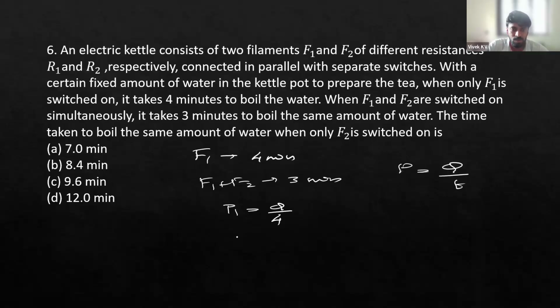In the second case, imagine that the power generated when only F2 is turned on is P2. So from the second case, P1 plus P2 will be equal to Q by 3. So P1 is Q by 4, energy by time, 4 minutes.